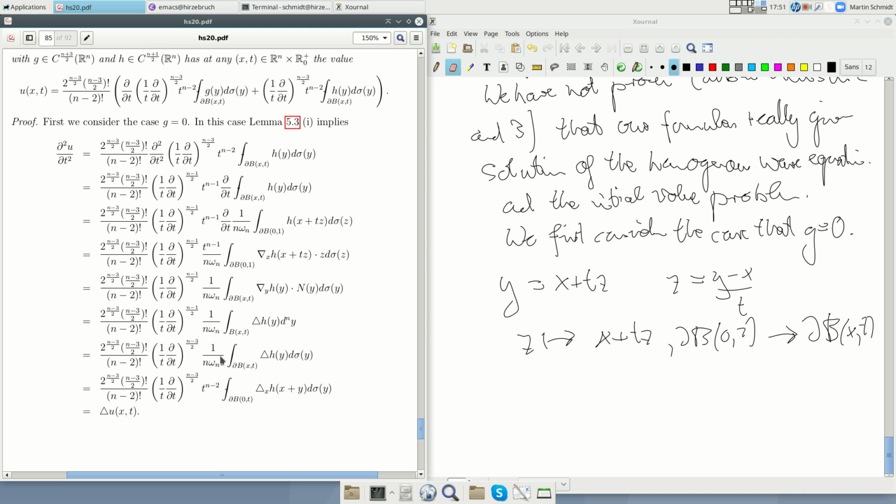Look at this. Here we have this additional 1 over t, since one derivative we calculated, and then we have this additional 1 over t. Okay, so this is also clear now.